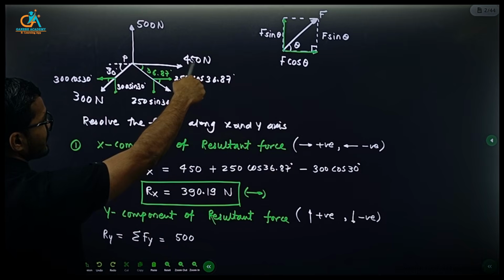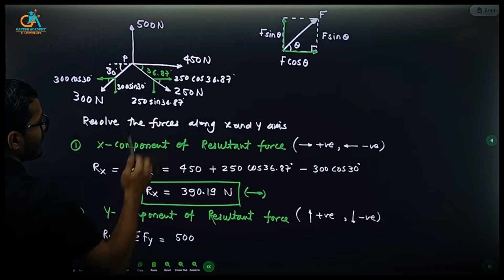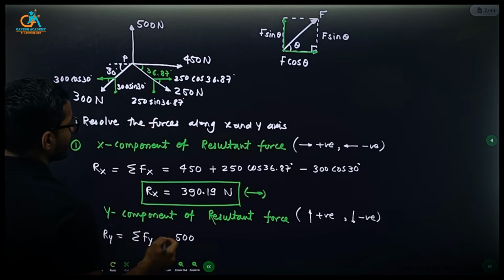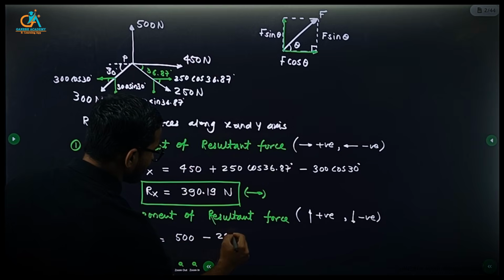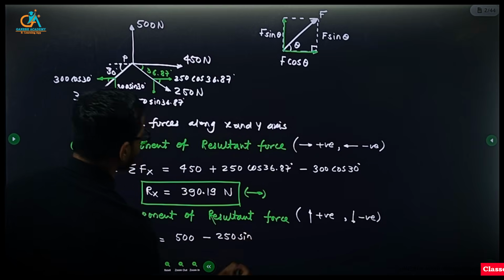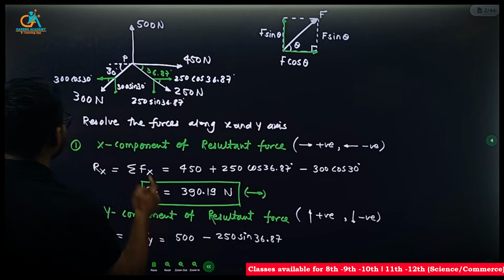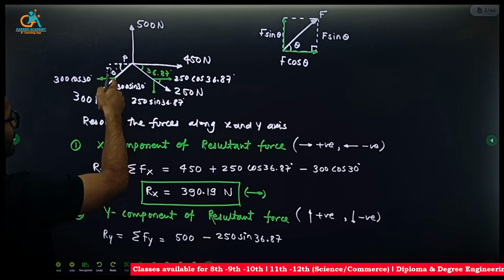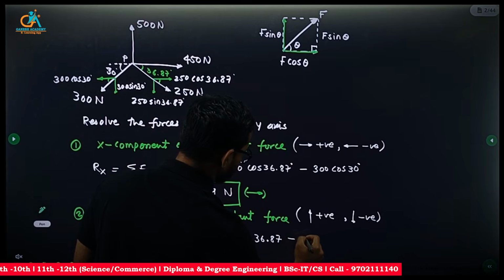Then you don't need to consider this horizontal force. Then the vertical component of this 250 Newton force is downward, therefore minus 250 sin 36.87, and this vertical component 300 sin 30 is downward again, so minus.